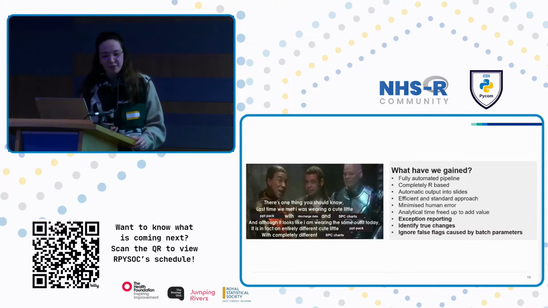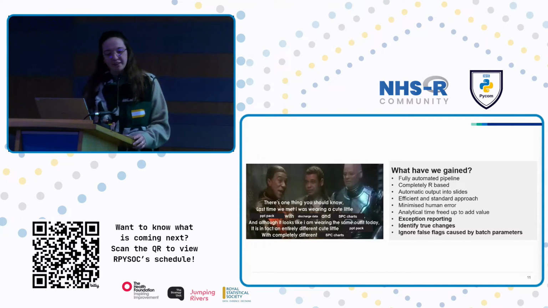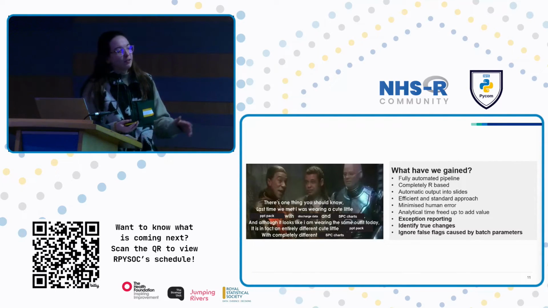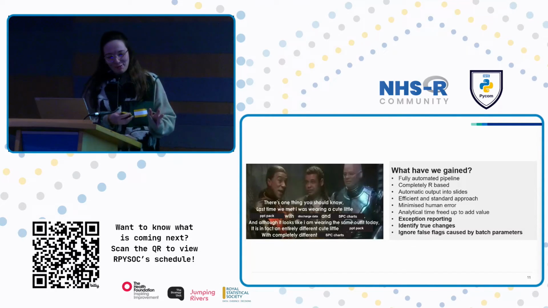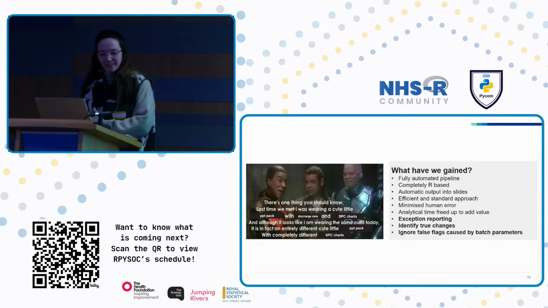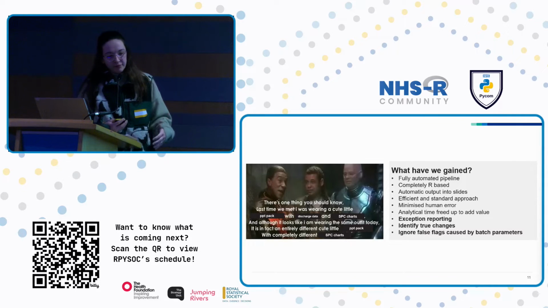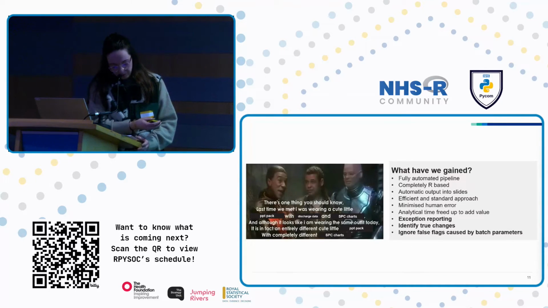So we're trying to identify true changes in the data and ignore anything that would erroneously have come up if we hadn't been able to click around with the dashboard in the background. And we think it's a nice balance. We do like dashboards as analysts, but they don't always need to be stakeholder facing. We can use them as tools that help us to do our job without sharing them with stakeholders.